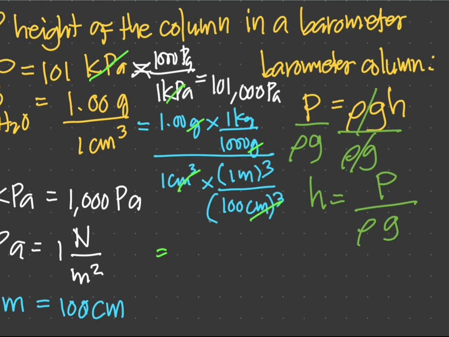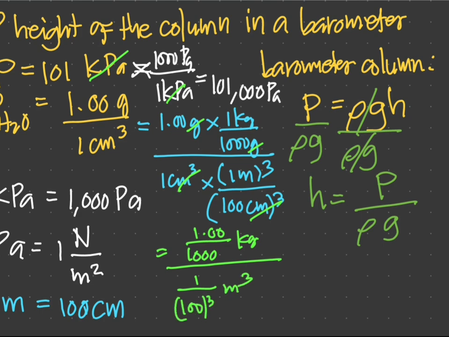So we're left with 1 over 1,000 kilogram divided by 1 over 100 cubic meters. You got that? Okay, so now we use the calculator.